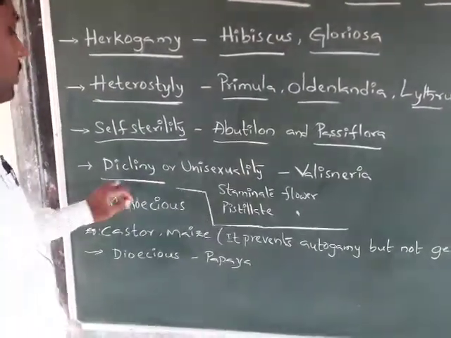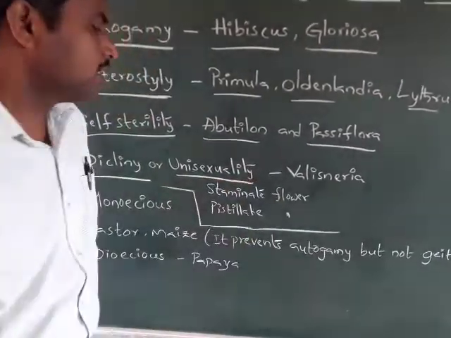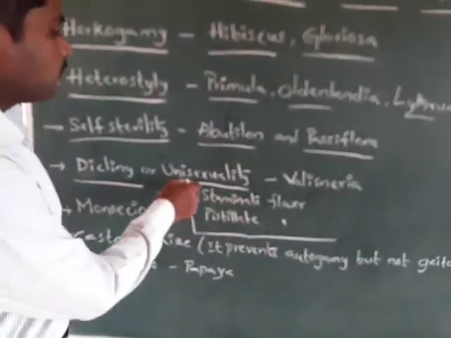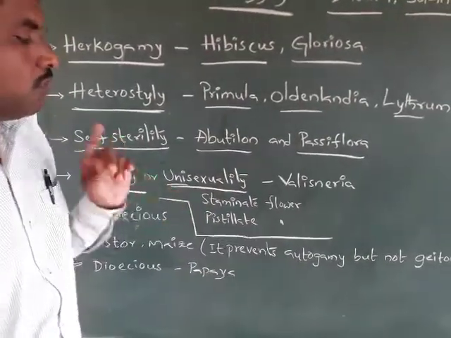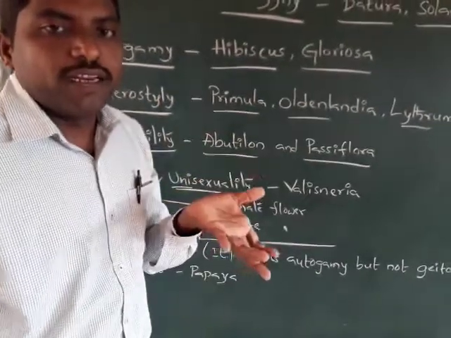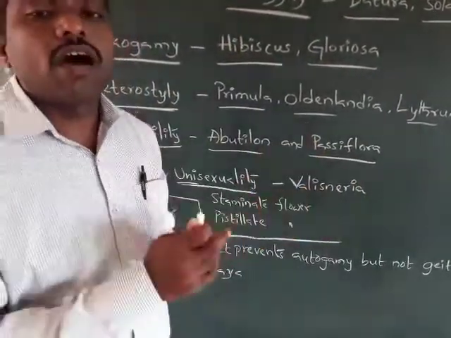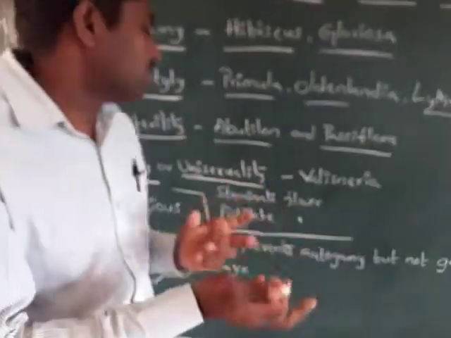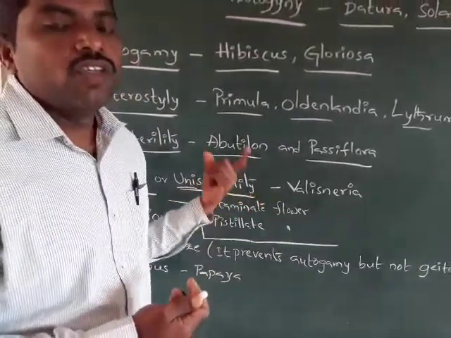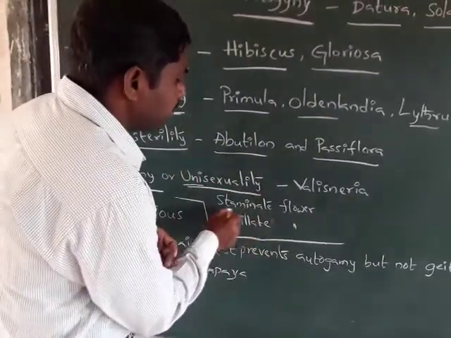Next one is diclinism or unisexuality. Uni means one sex, either male or female. Some plants may have either male flowers or female flowers. That is called unisexuality. Some plants have only male flowers.